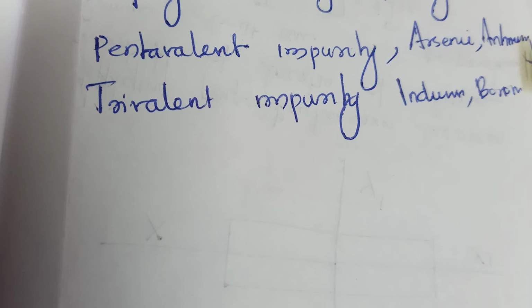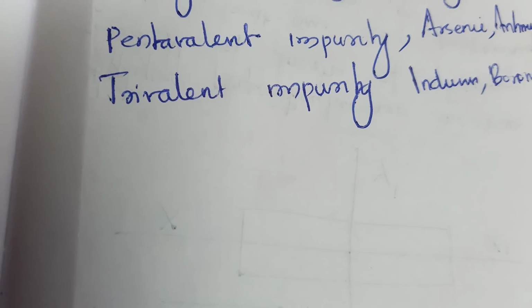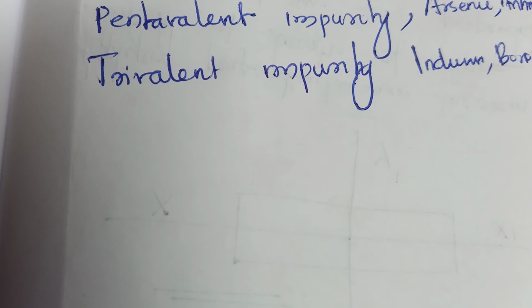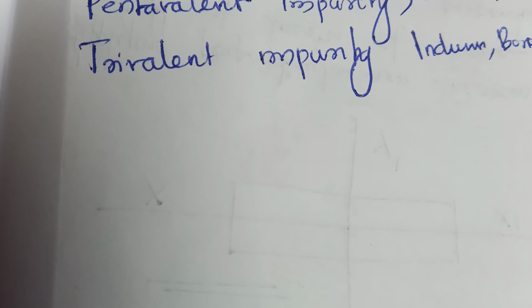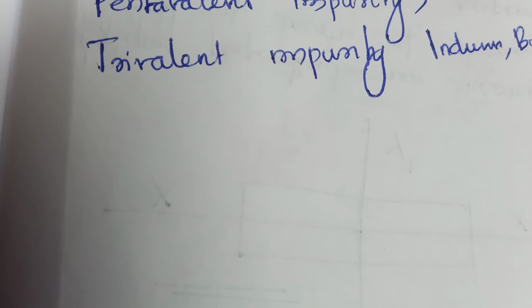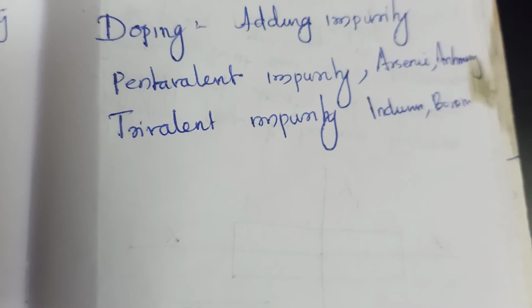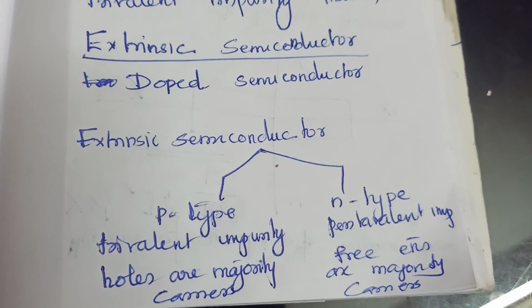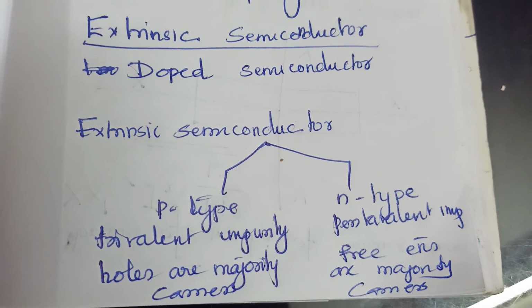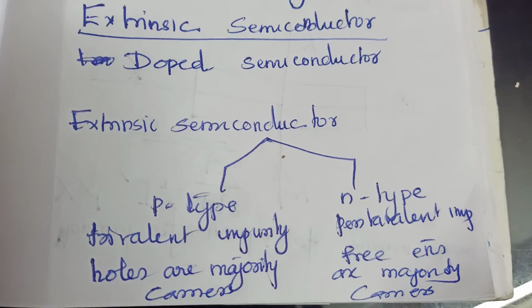So there will be one deficiency of electron, and that will form the holes. So in semiconductor, holes are also charge carriers. By doping it with the trivalent impurity, the hole concentration increases, and hence the conduction of current increases. Hence, in P-type semiconductor, holes are the majority carriers, and in N-type semiconductor, the free electrons are the majority carriers.